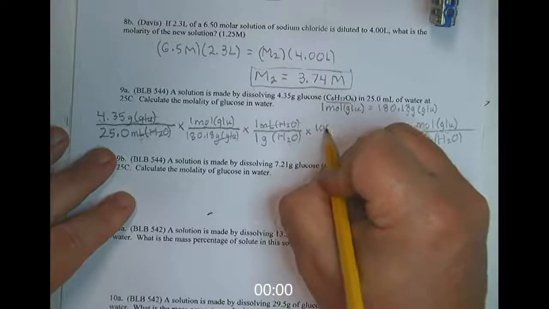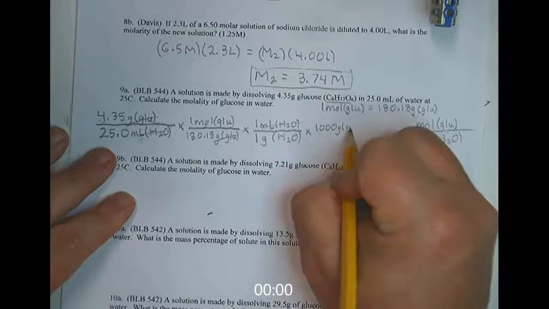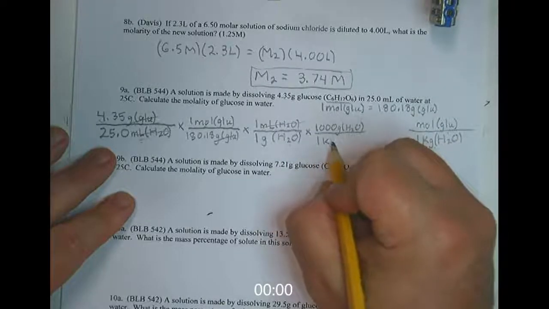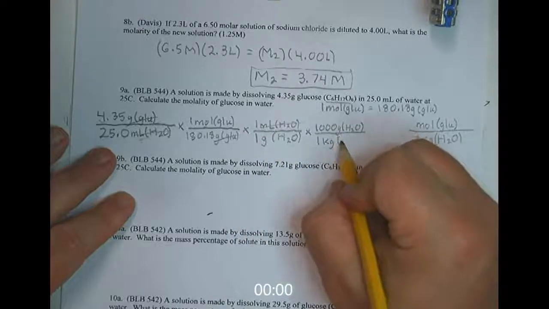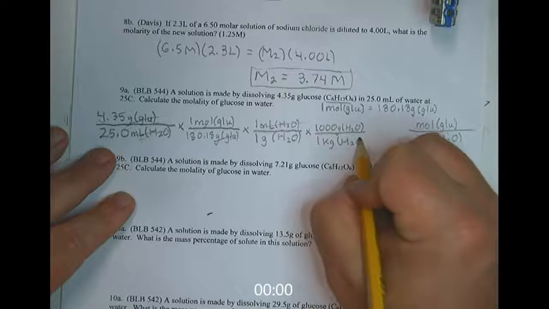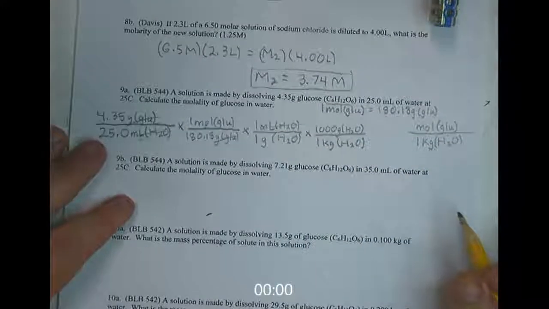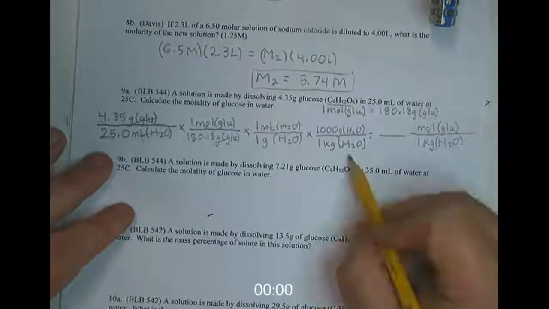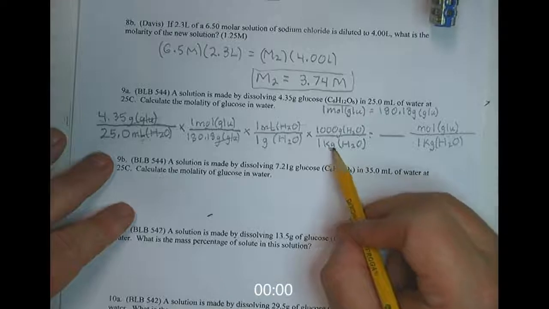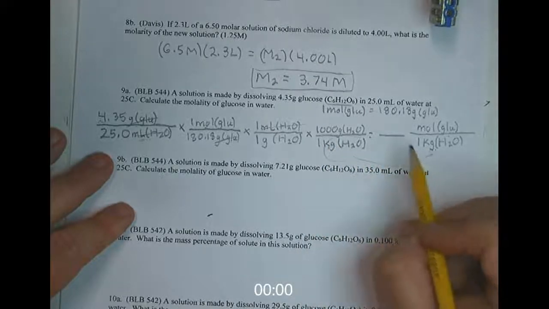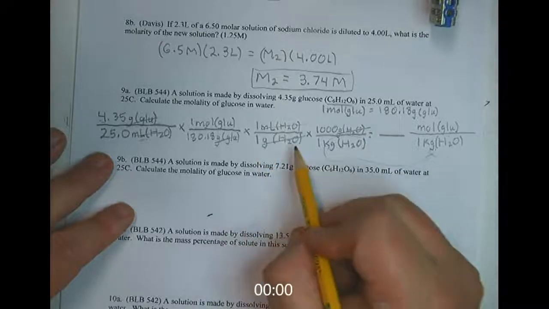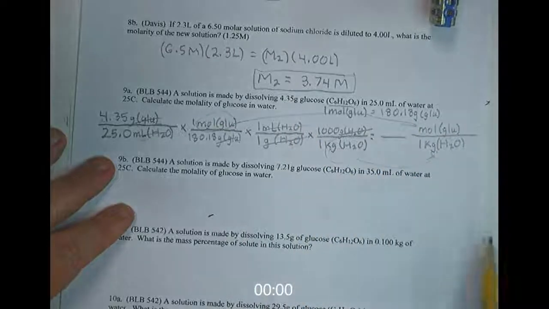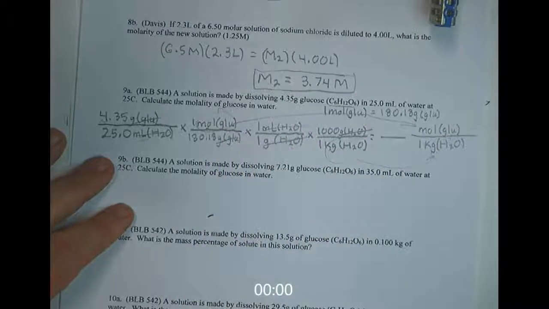It's 1,000 grams of H2O for every 1 kilogram. That might have seemed like a tricky maneuver, but you'll get used to it as you work problems. It's like a tool in your toolkit for the future. So we've got kilograms of H2O as the last man standing on the bottom, and moles of glucose on top. Moles of glucose over kilograms of H2O, and we're good to go.